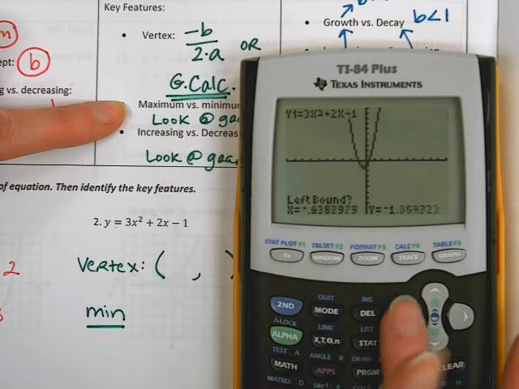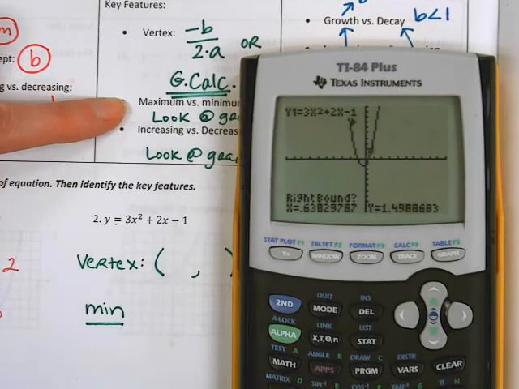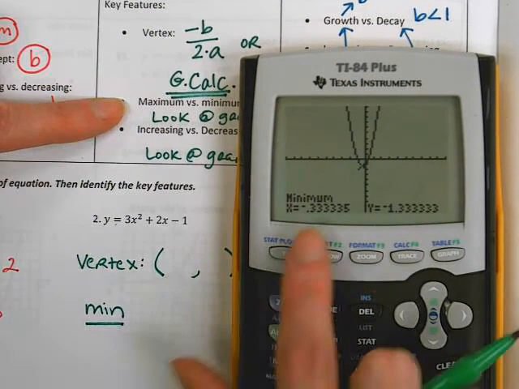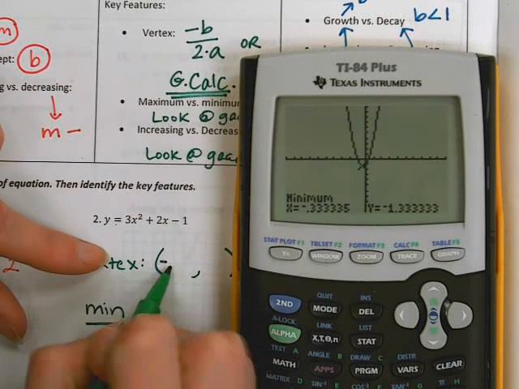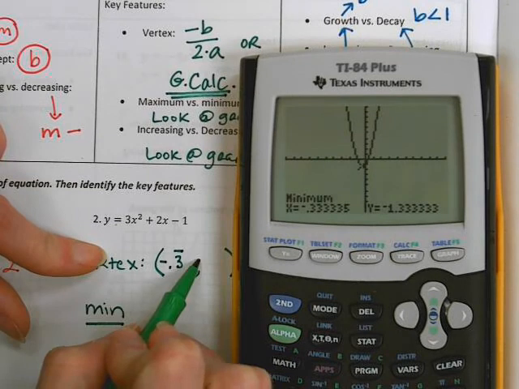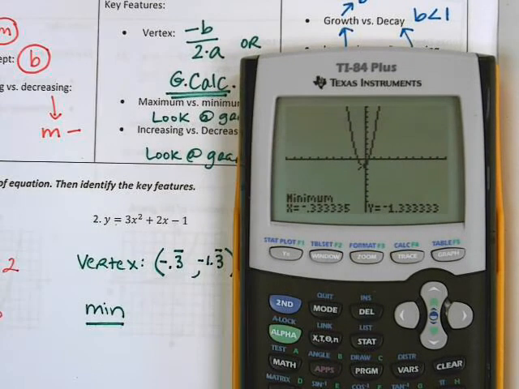And then remember, you go a little to the left, hit enter, and a little to the right, and hit enter twice. And you will get the vertex negative 0.3 repeating, comma, negative 1.3 repeating. That's the vertex.